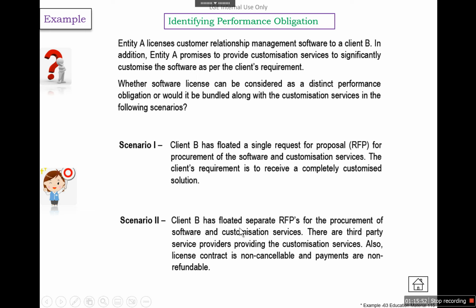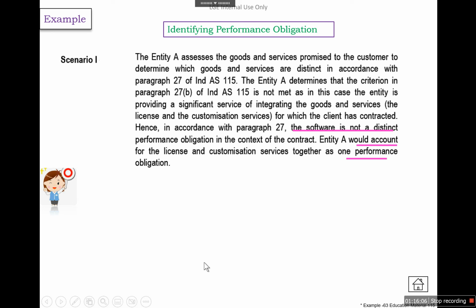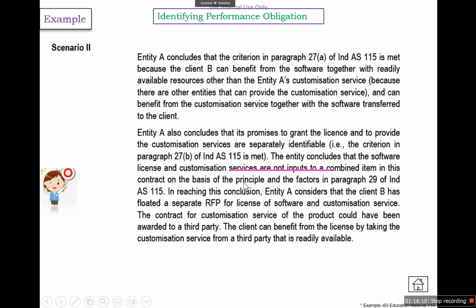Scenario 2: Client B has floated separate RFPs for the procurement of the software and the customization services. There is a third party service provider providing the customization service. Also, the license contract is non-cancelable and payments are non-refundable.